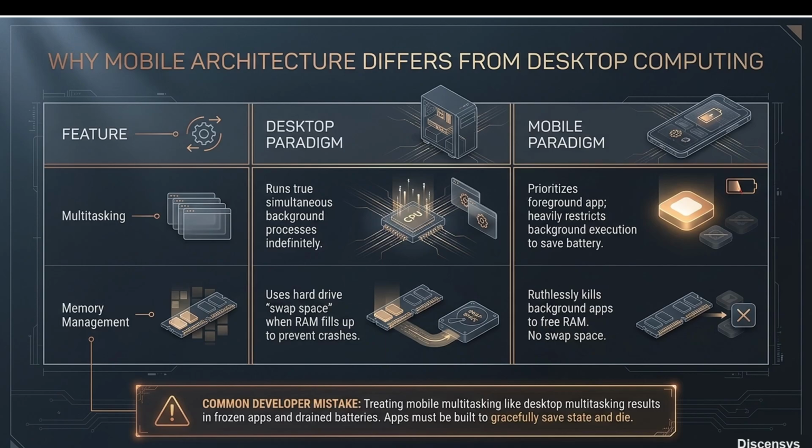So apps must be built to gracefully save state and die. The foreground app is given the most priority, and if the RAM is almost full, the background apps will be killed and their processes stopped.